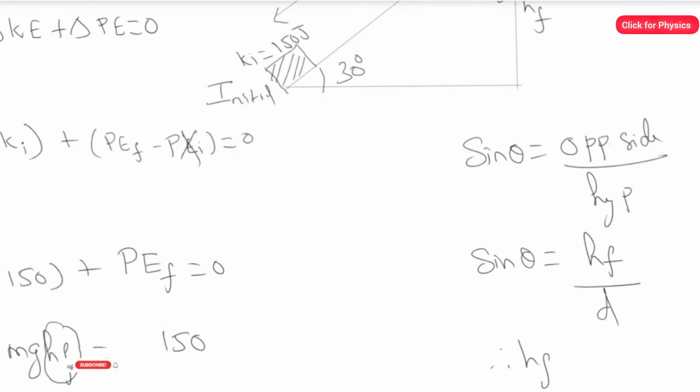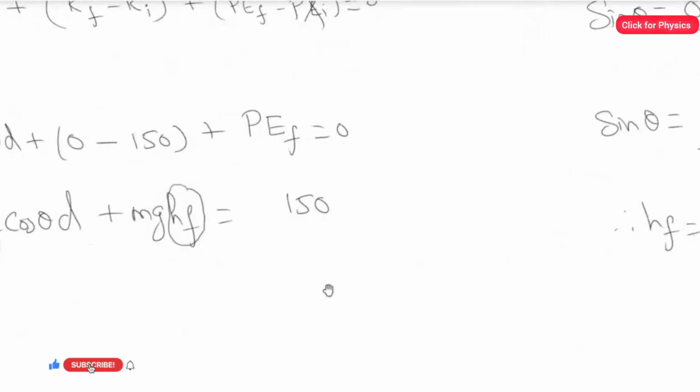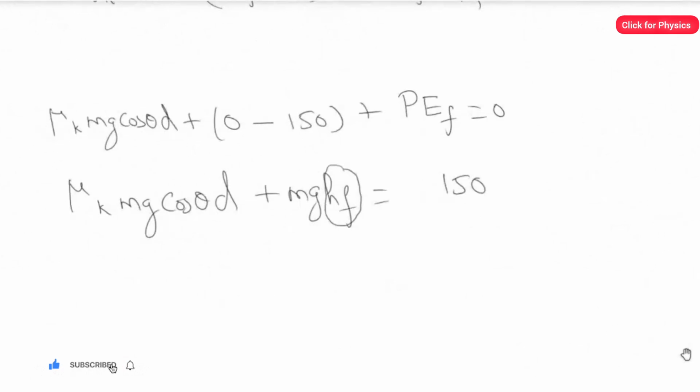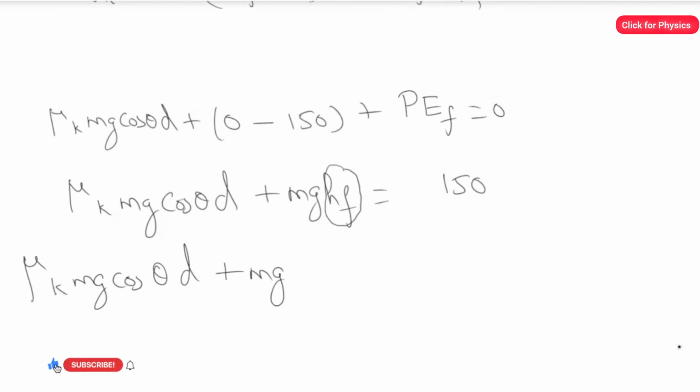Therefore hf equals d sine theta. Substituting this hf here, the equation becomes mu k mg cosine theta multiplied by d plus mg d sine theta, which is equal to 150.